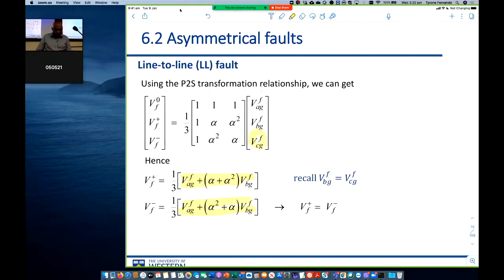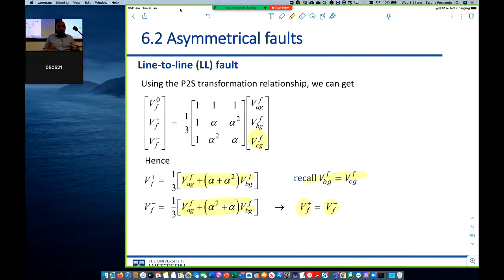We have used the fact that VCG and VBG are the same because it's a line-to-line fault, so they're short circuited, they're connected together, right? So from these two expressions we see that the positive sequence voltage and the negative sequence voltage are the same, right?